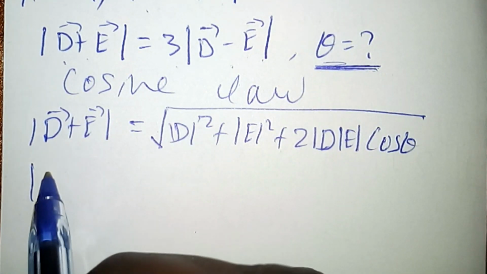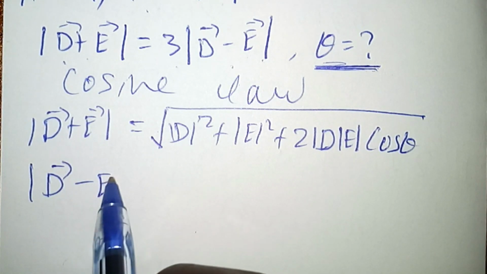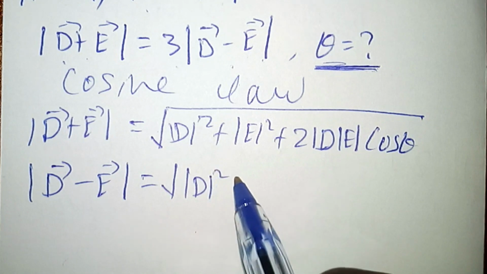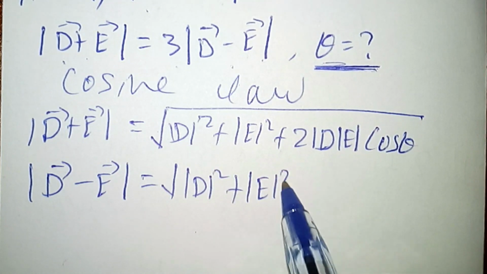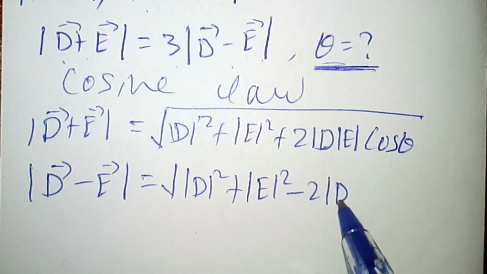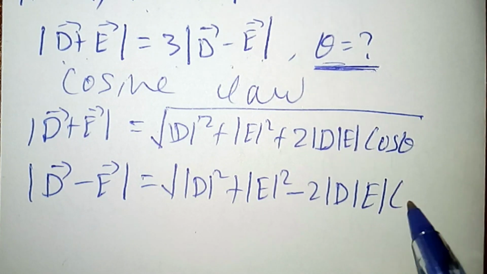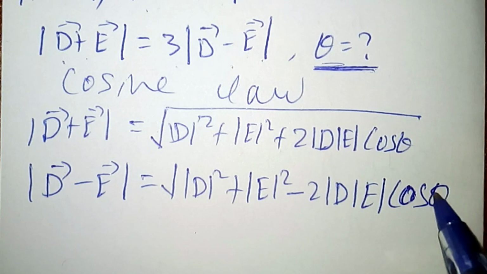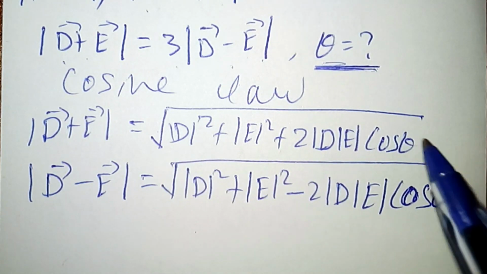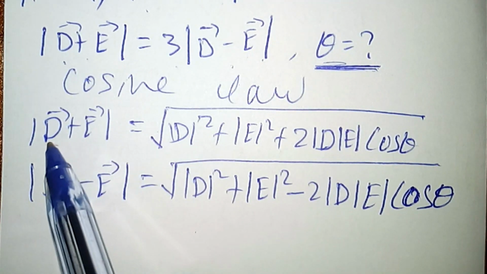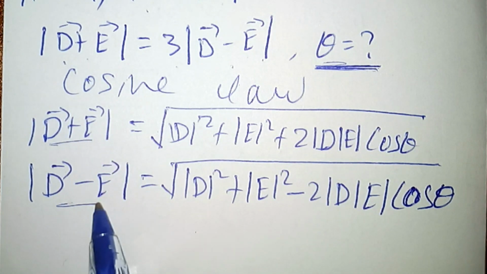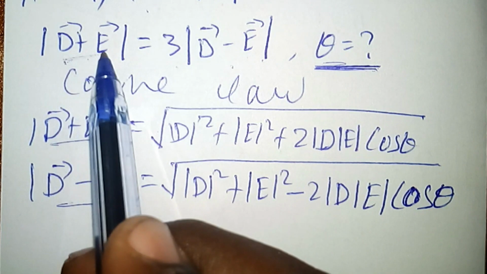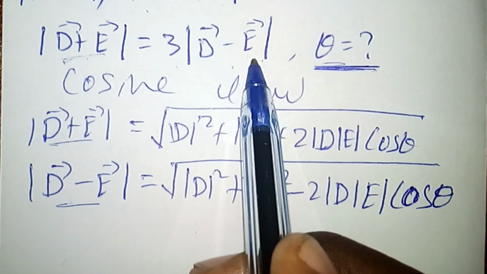And the magnitude of D minus E is given by the radical of D squared plus E squared minus twice the magnitude of D and the magnitude of E times the cos of the angle between vectors D and E. So this is the magnitude of the sum and this is the magnitude of the difference.